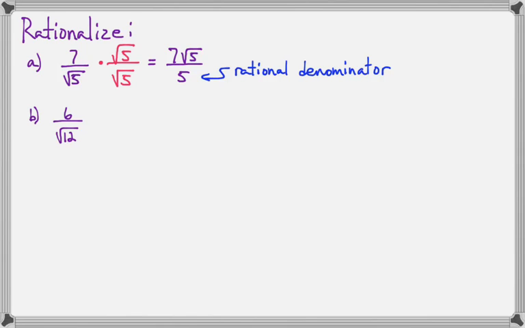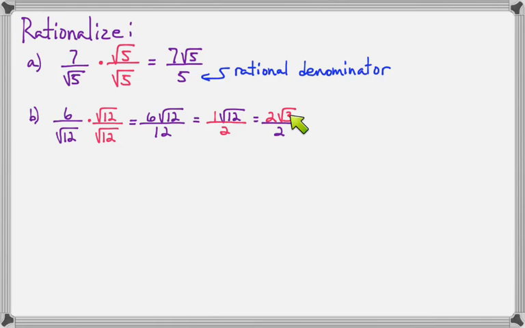In this case, I am going to multiply by square root of 12 over square root of 12 and rationalize first. So I'm going to end up with 6 square root of 12 over 12. And then 6 over 12 reduces to 1 over 2. And the only thing left for me to do is reduce this radical. 12 is 4 times 3, and the square root of 4 is 2.